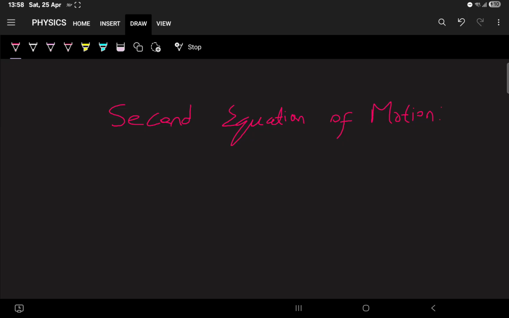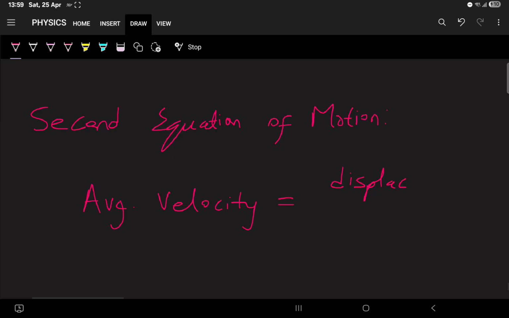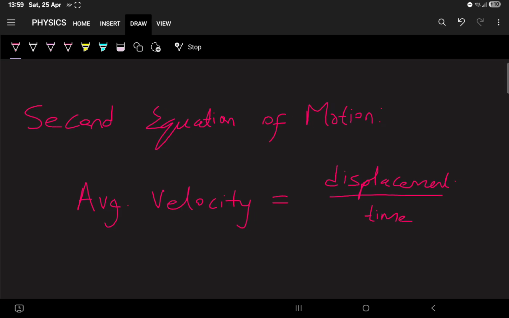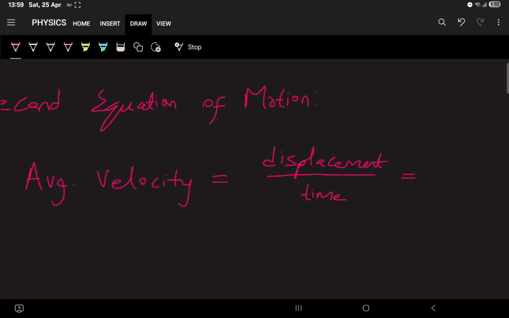From our previous video, we know average velocity equals displacement divided by the time taken. Let's denote our displacement by s and time by t.